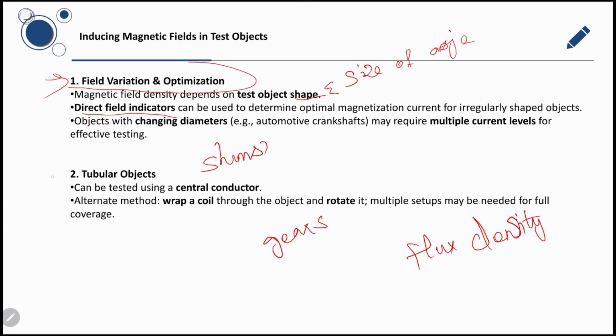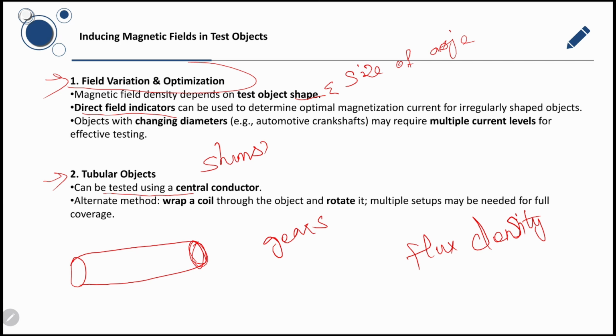The next one is tubular objects. First, they can be tested using a central conductor. A conductor is passed through the center of the tubular object. That means hollow objects are used in central conductor methods.